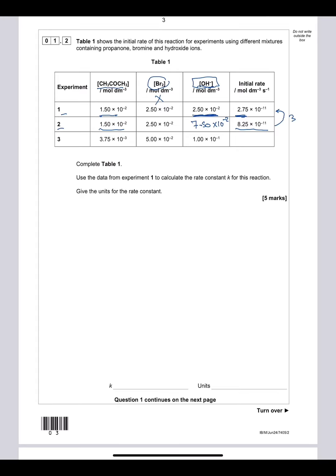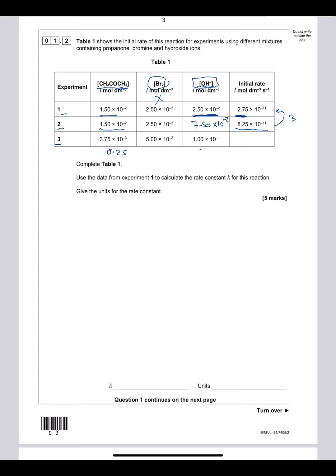And then when we look at experiment 3, we're going to find that both the ketone and the hydroxide concentration have changed, and they want you to calculate the initial rate. Again, this is first order. When you see that the concentration of the ketone, you're going to find that it decreased 4 times, meaning you're going to multiply this by 0.25.